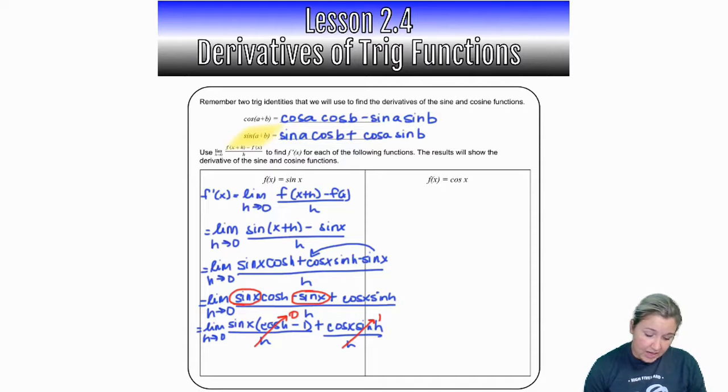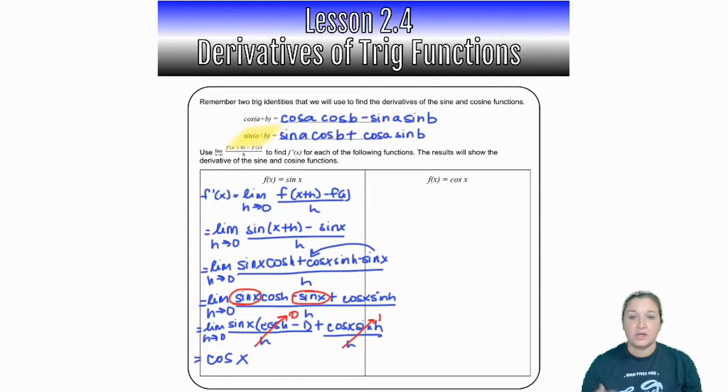So as I take the limit, this first part becomes 0, and you're left with just cosine x times 1, so cosine x. So the derivative, f prime of x of sine x, is cosine x.